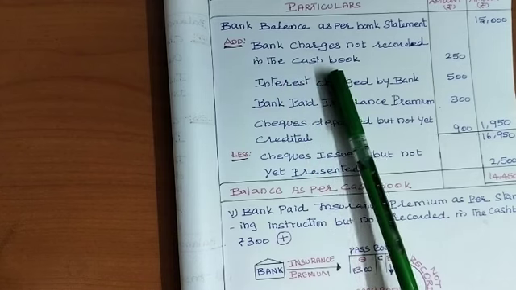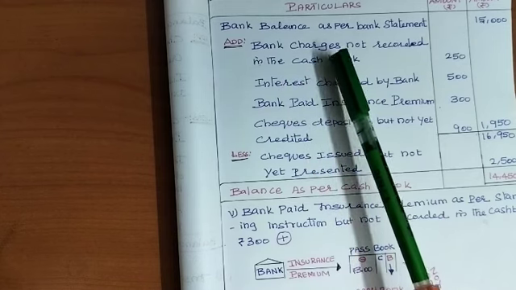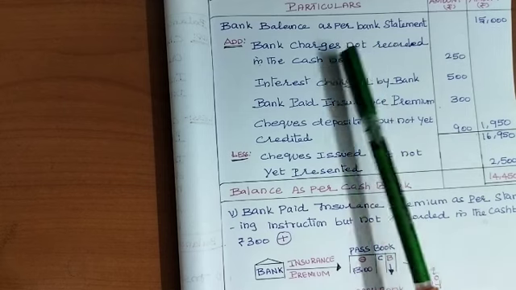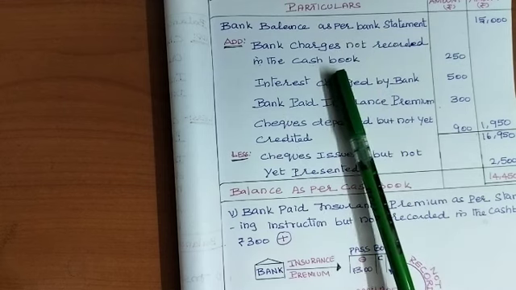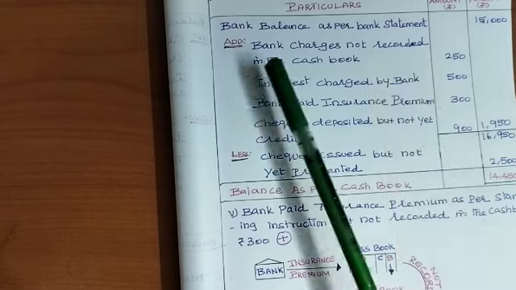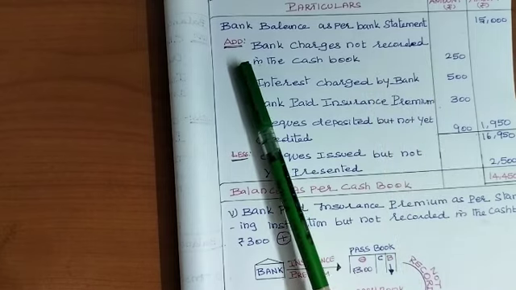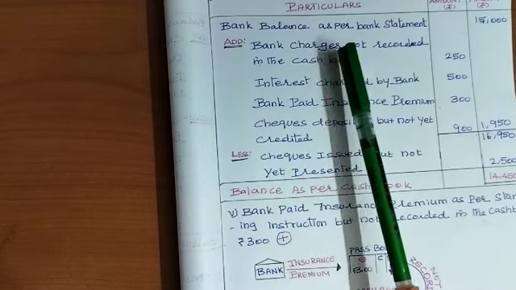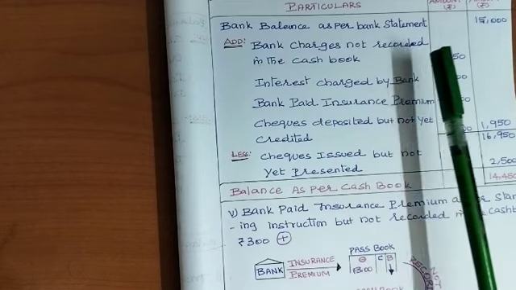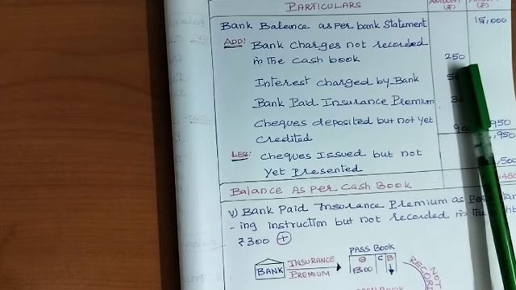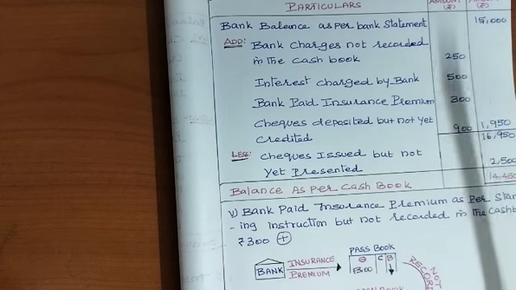Otherwise, until then, it is not recorded in the cash book. Are you clear? So we add this transaction in the add column, bank charges not recorded in the cash book, and 250 rupees is entered in the inner amount column.